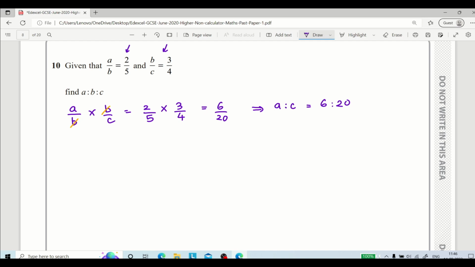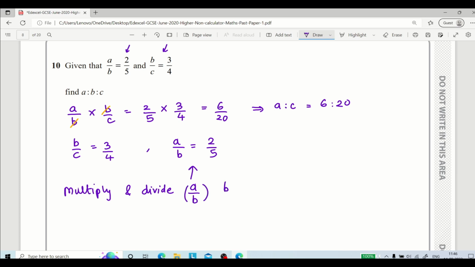Now, we already have B over C is equal to 3 over 4 and A over B is equal to 2 over 5. Since we need to have A is to B is to C, we'll consider this one. Here what we'll do? We'll multiply and divide A by B, this fraction, by 3.